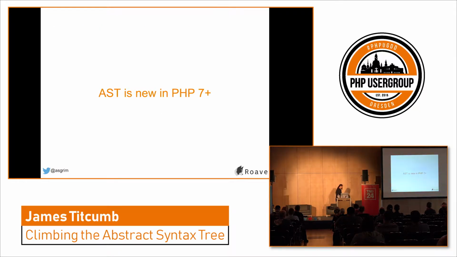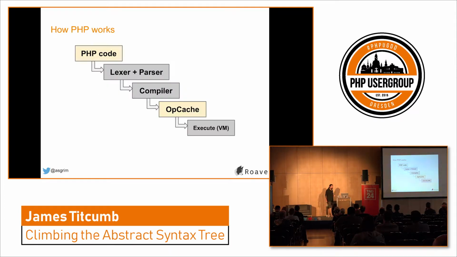So the AST is new in PHP 7. Now instead we're generating this thing, an AST. We feed that into the compiler.